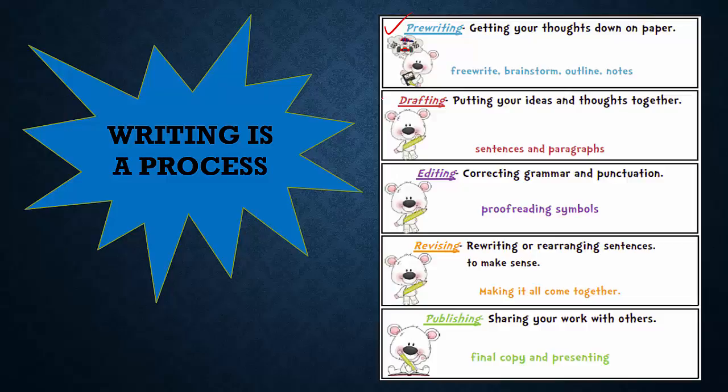The second stage is that of drafting, putting your ideas together in sentence form. Number three, editing. This is where you have to check for errors and mistakes. Fourth, revising. This is where your piece will get its final shape. And finally, of course, publishing and sharing with your teacher or probably with your school or class magazine.